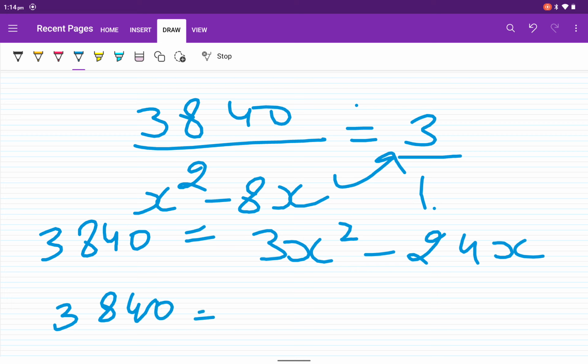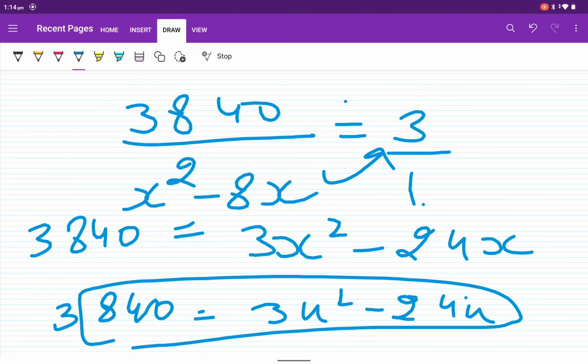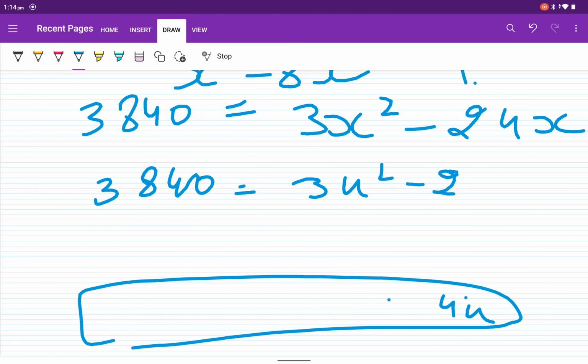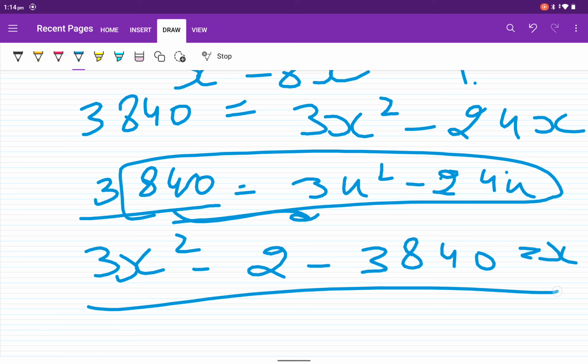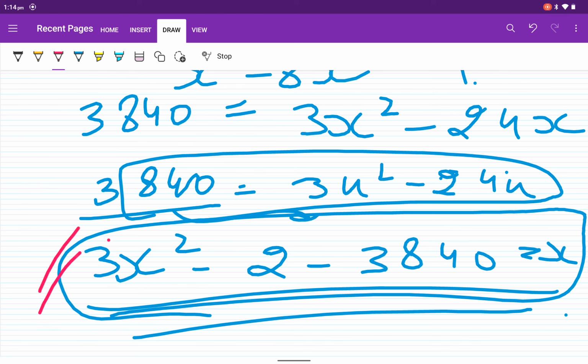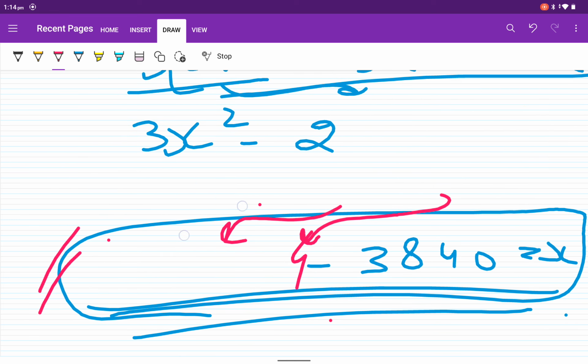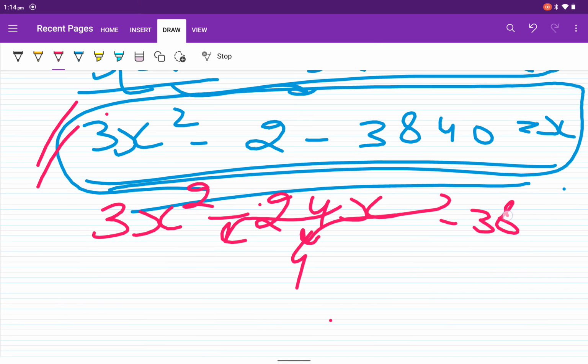Your equation is ready. Now let's make the equation. 3x square minus 24x minus 3840 equals 0. How have you done this? 3x square minus 24x minus 3840.